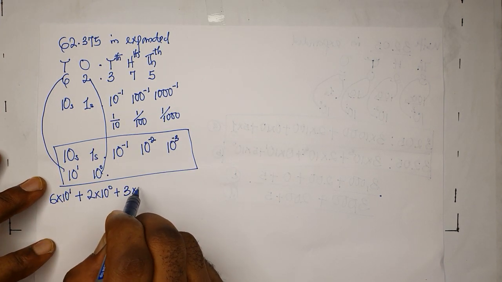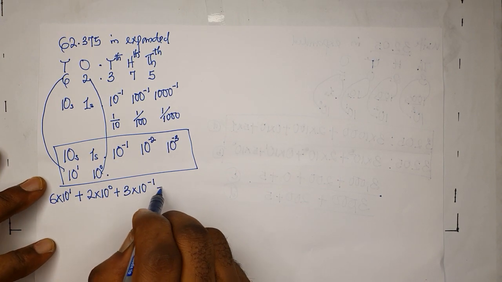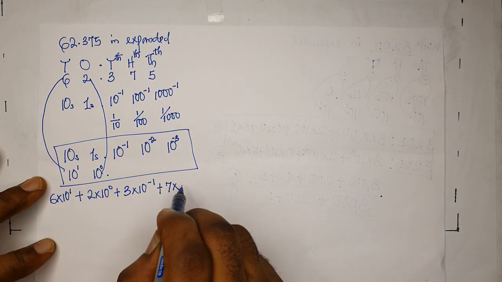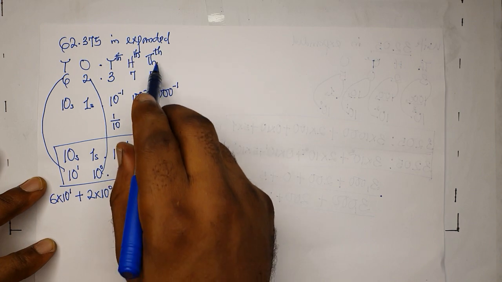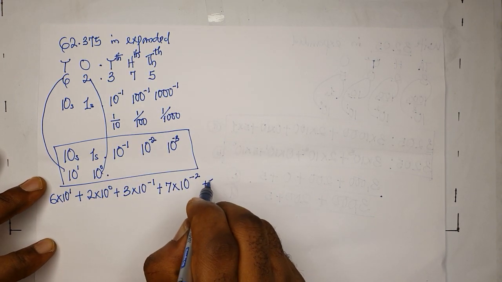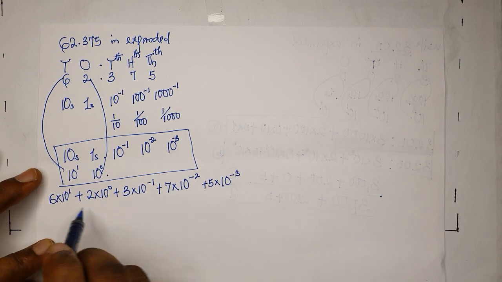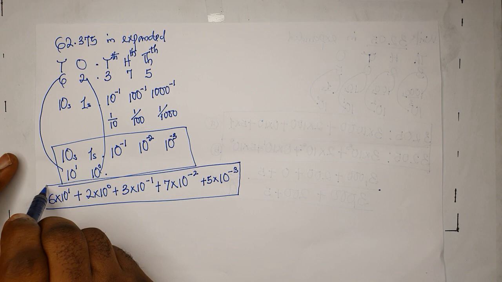So 3 multiplies 10 to the power of negative 1. Next thing to be added is 7 multiplying 10 to the power of negative 2. And finally, we have the number 5 multiplying 10 to the power of negative 3. This is one way of writing the expanded form of the number 62.375.